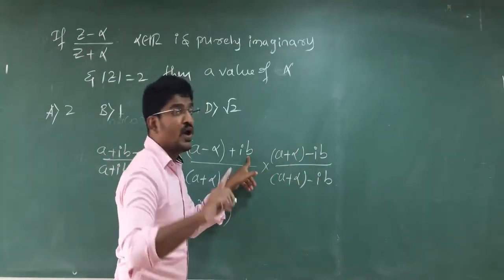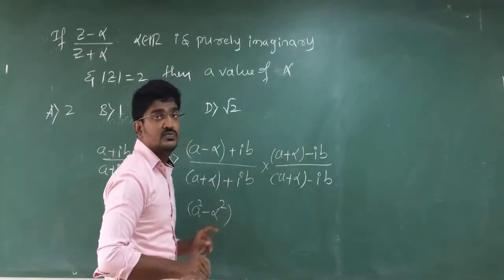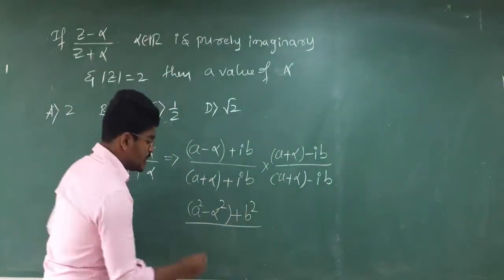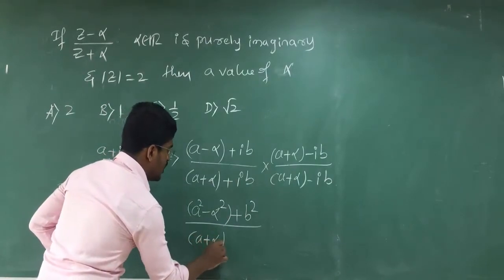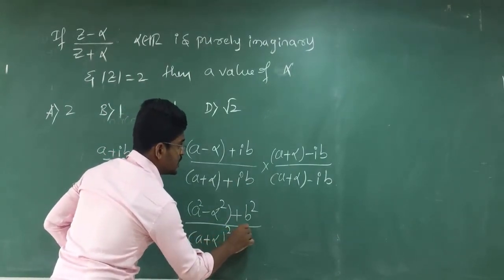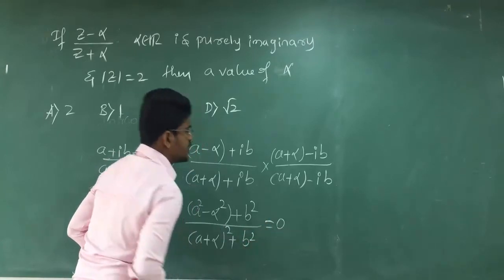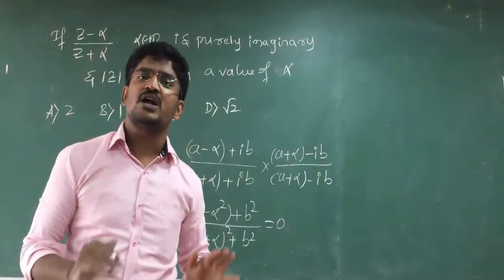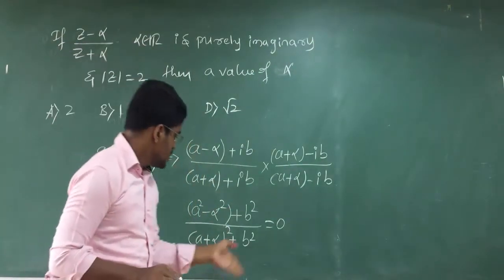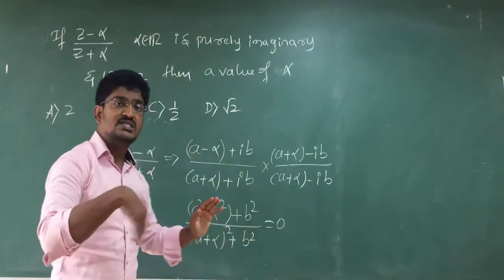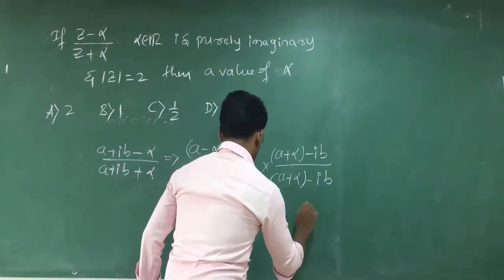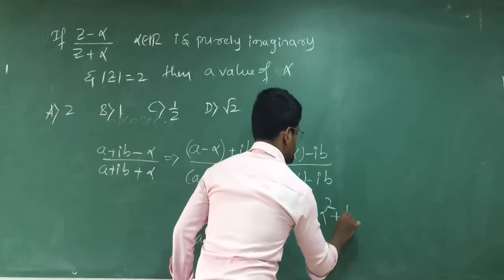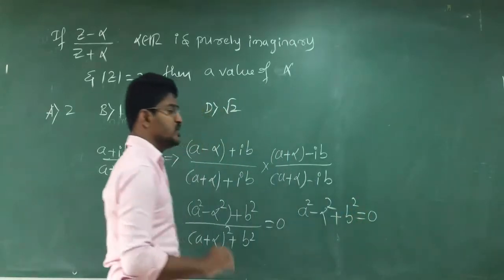If I multiply this to i square, minus 1, minus into minus will be plus, so plus b square divided by a plus alpha whole square plus b square, that will be equal to 0. I am considering only the real part. I am not worried about the imaginary part, so I will not write that. So if I simplify this, a plus alpha whole square will be equal to 0. So you are going to get a square minus alpha square plus b square equal to 0.